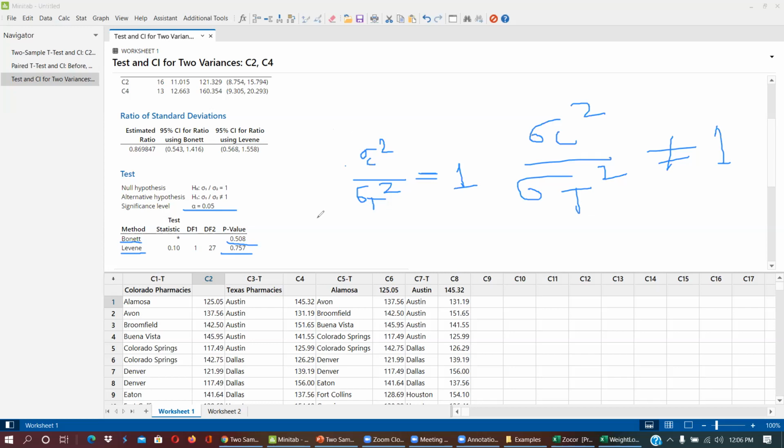So this null hypothesis is accepted because the p-value is greater than 5% in both the tests using both methods, and so we fail to reject the null hypothesis, and this is accepted.